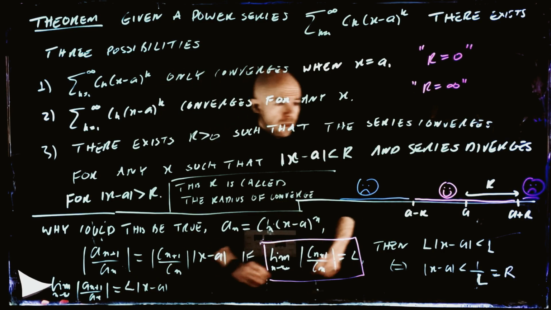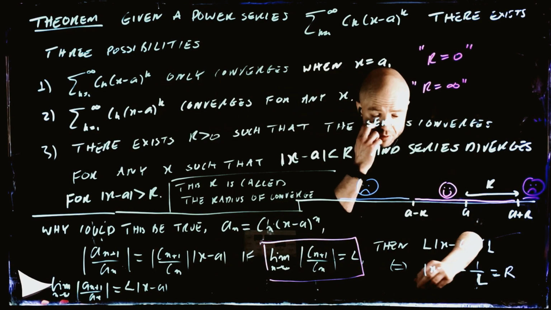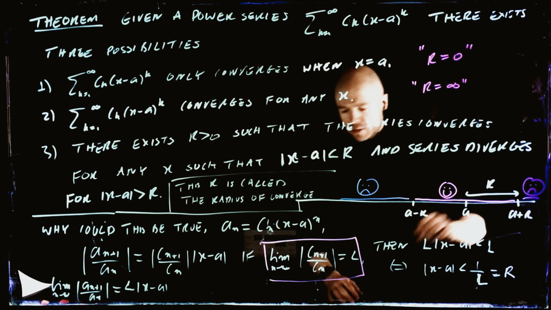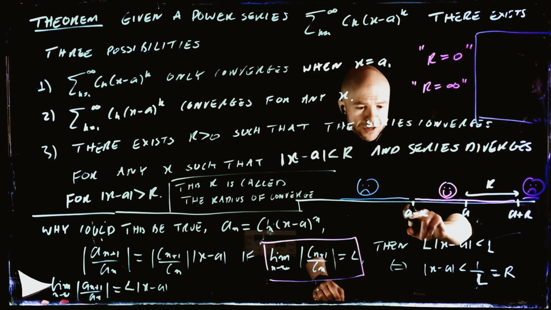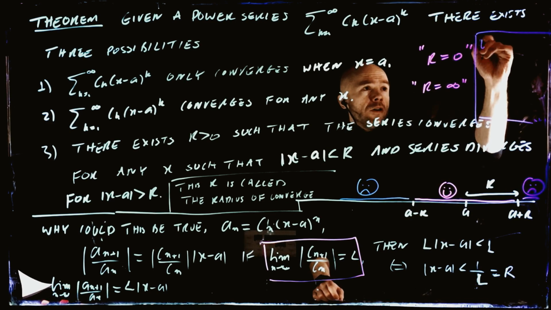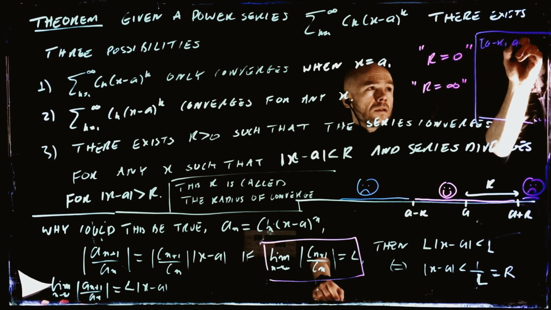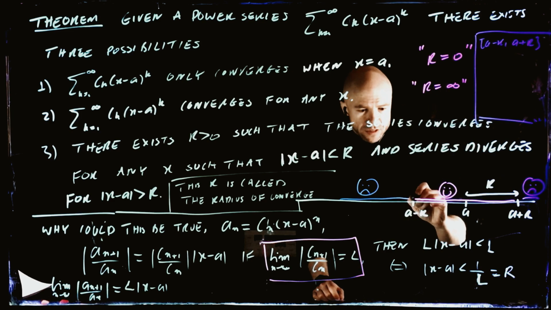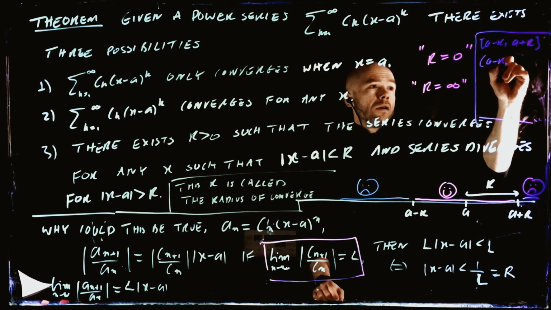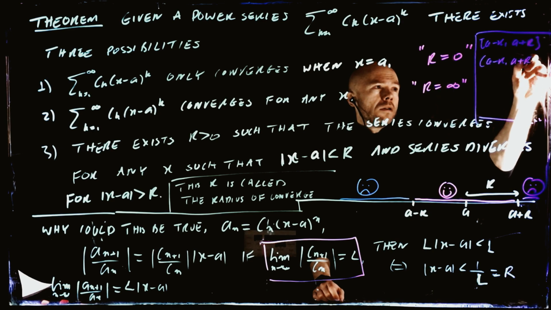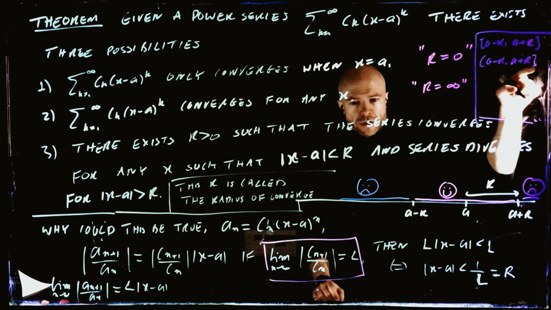But this thing is also not the same as the interval of convergence. Another thing to emphasize. So the interval of convergence from this picture could be this. It could be that at these endpoints here, they both converge. Or it could be that this one doesn't converge and this one does.